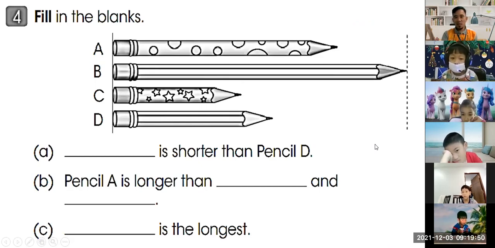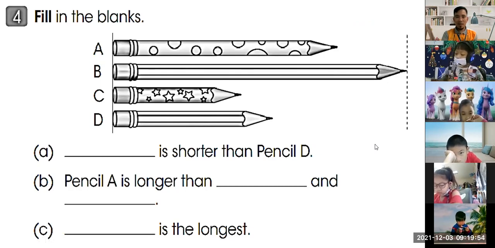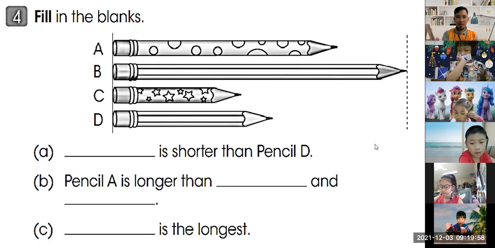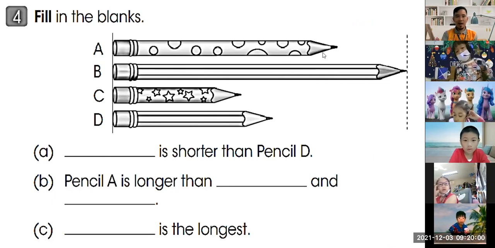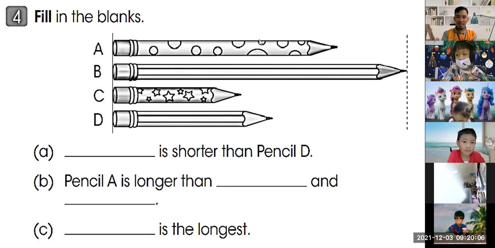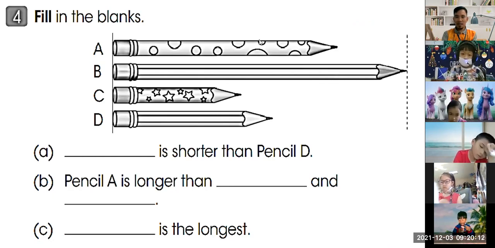Now, here we will fill in the blanks, okay? There are 4 pencils, right? Pencil A, pencil B, pencil C, and pencil D. Now, blank is shorter than pencil D. What pencil?